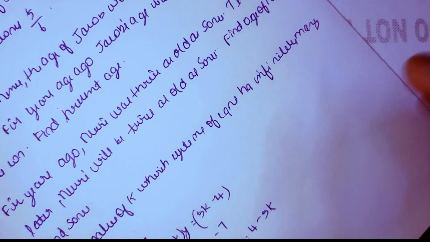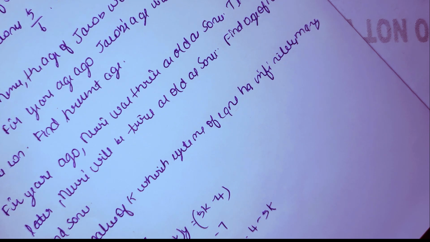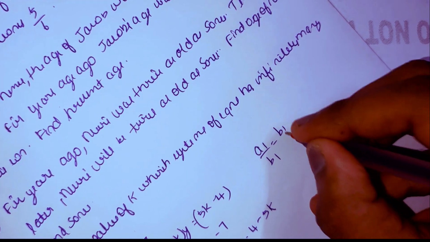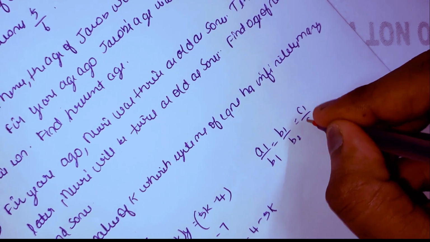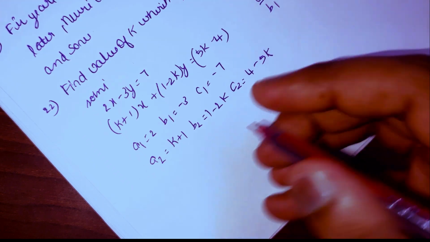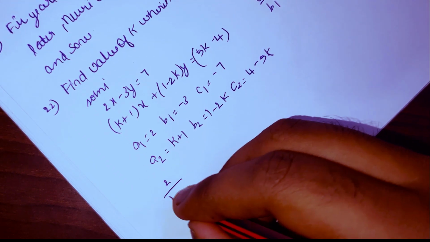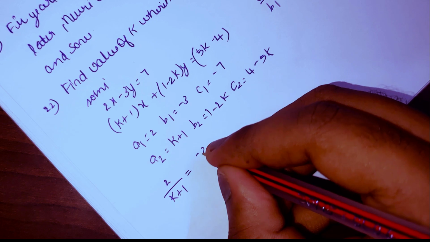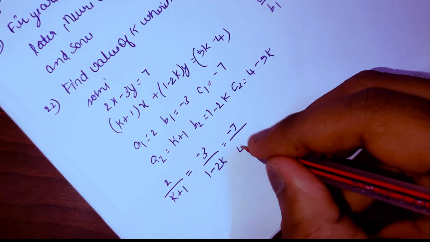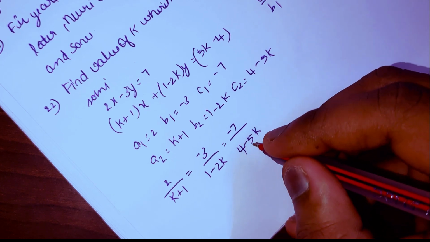Since it is given that the equations have infinitely many solutions, we know a1 by a2 should be equal to b1 by b2, which in turn should be equal to c1 by c2. Substitute those: 2 by k plus 1 should be equal to minus 3 by 1 minus 2k, which in turn should be equal to minus 7 by 4 minus 5k.